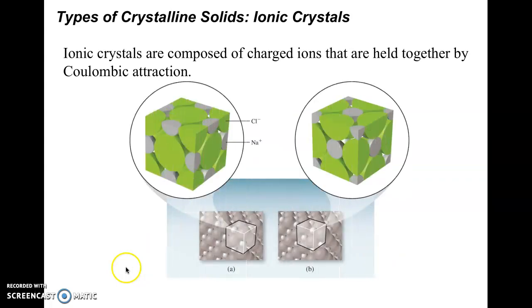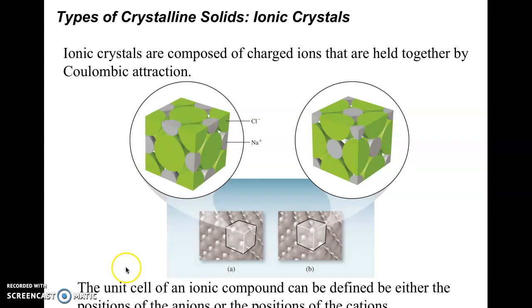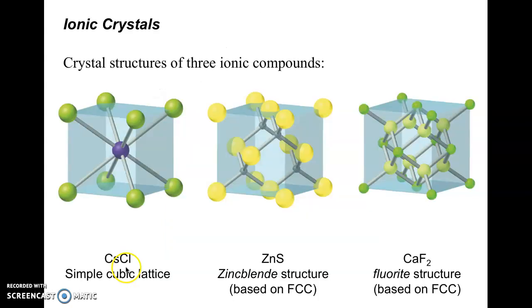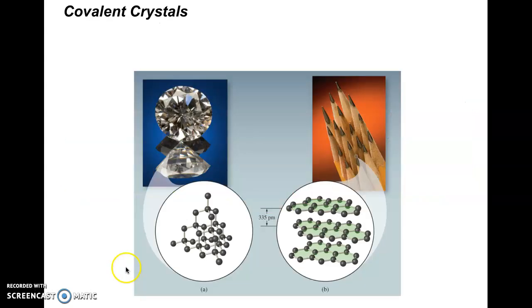Ionic crystals are very ordered because they are arranged by the attraction of the positive to the negative ions, and that unit cell is defined by how the positives and negatives line up. Here are three other ionic compounds and their unit cells.